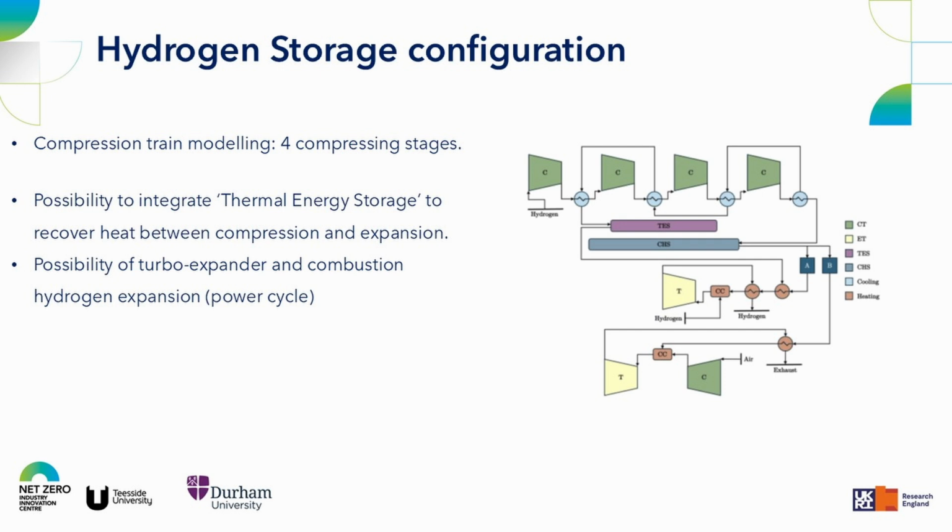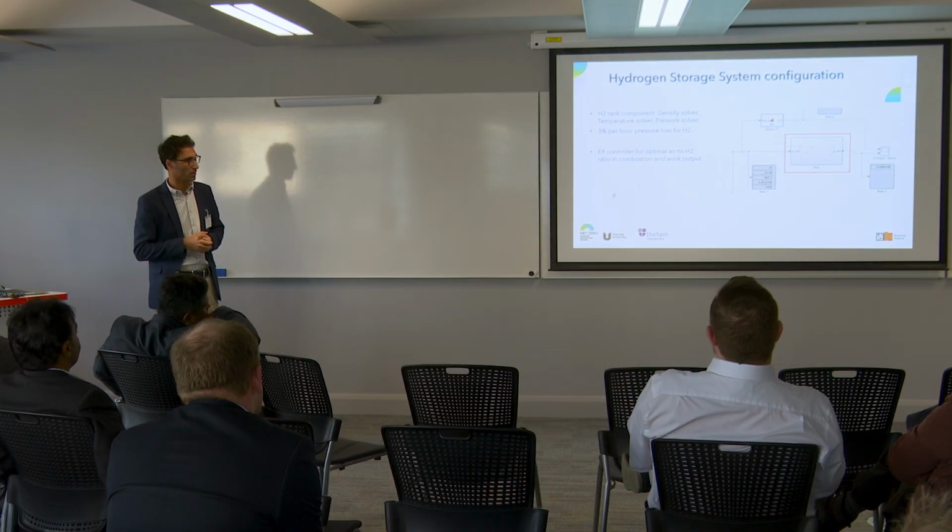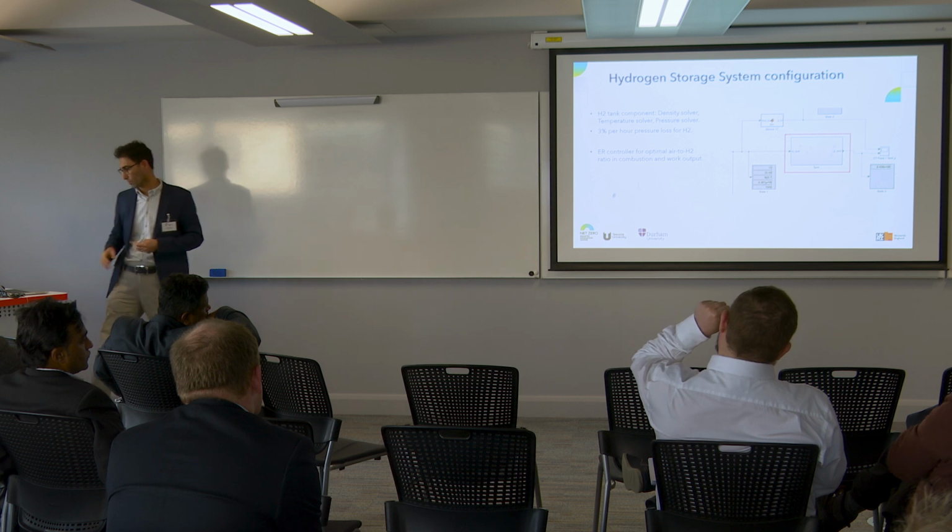Also, when we are going to combust hydrogen, we can use an equivalence ratio controller, which controls and manages the ratio of hydrogen to air, because we are trying to use as little hydrogen as possible in the system. If we are using less hydrogen, the efficiency of the system is going to increase. This ER controller has been integrated into the one-dimensional modeling in the Simulink procedure.